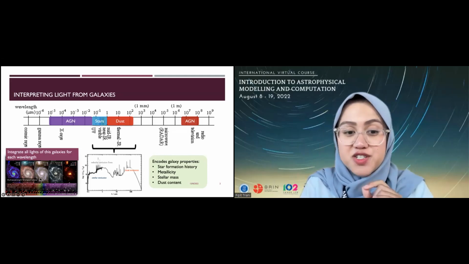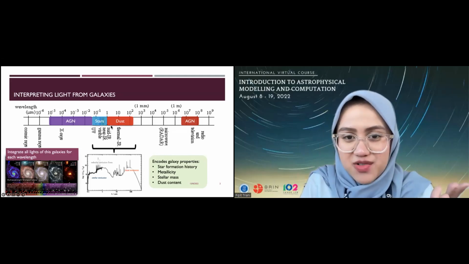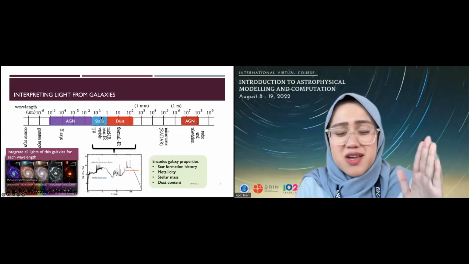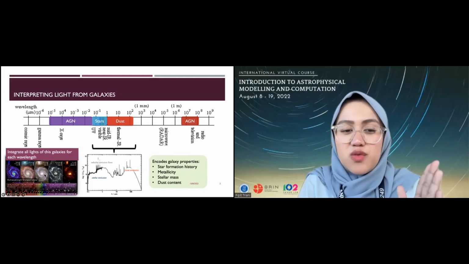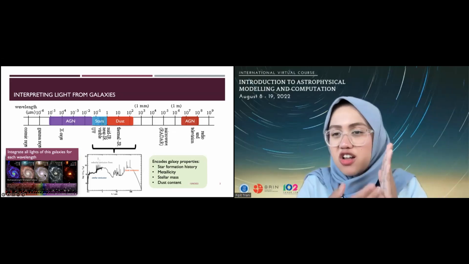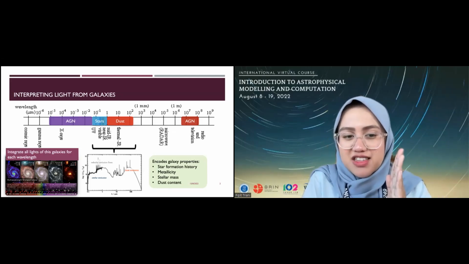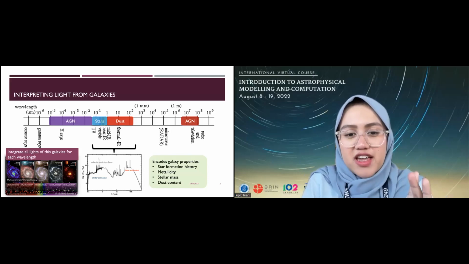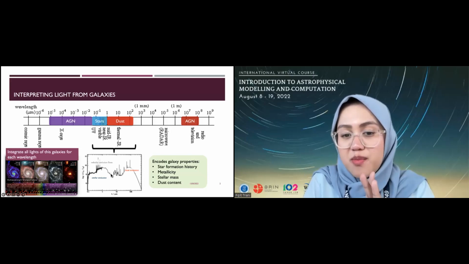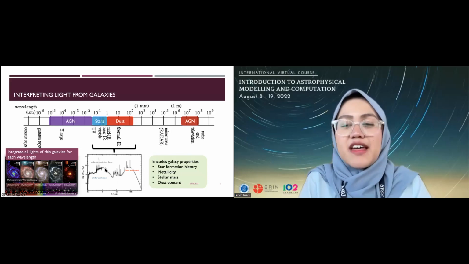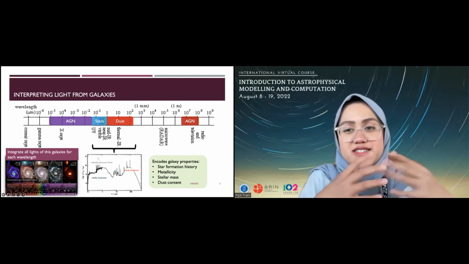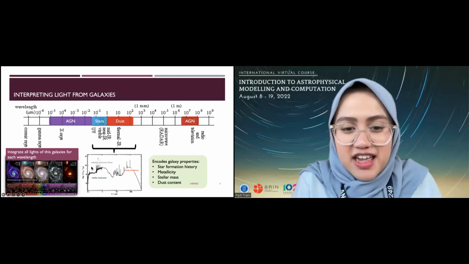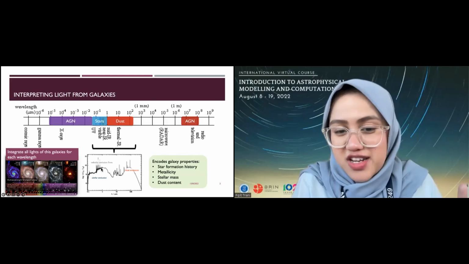So for example, in optical, which ranges from, for example, 3,000 angstrom, we just sum up all of the light in this image as one number at that wavelength, and we put that as one point here. And then we pick another wavelength and sum up again all of the light in this image as one number. And then we arrange that.